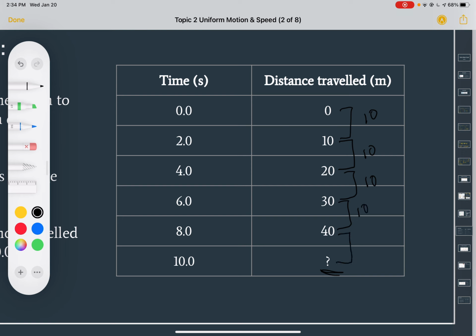So if we follow the same pattern, at 8 seconds it's at 40, so at 10 seconds we should be at 50. Drawing our graph, we're going to be going up to 50 meters on our y-axis.